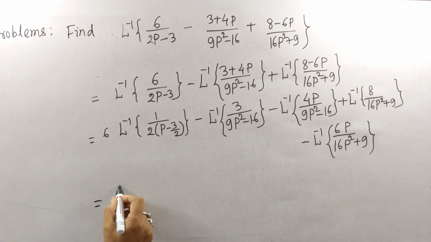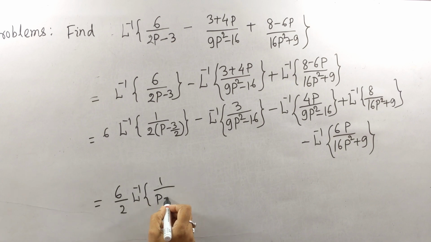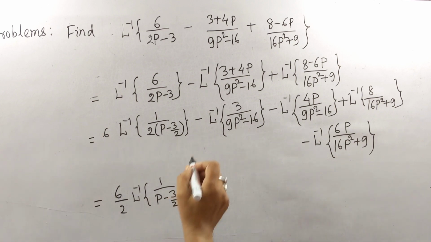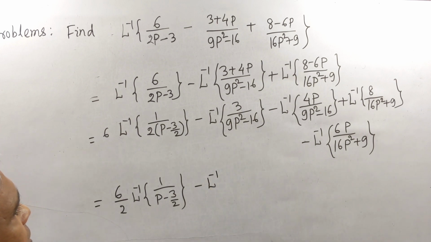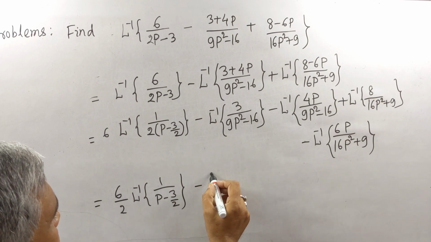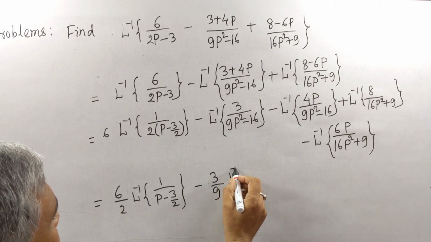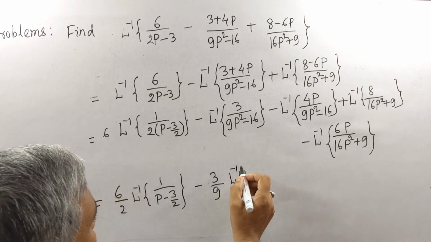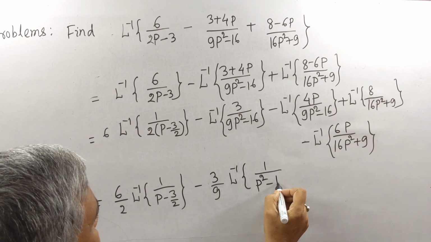Equal to 2 outside, 2 L inverse 1 by p minus 3 by 2. Here we take 3 outside, 3 also 9 at the same time, L inverse 1 by p square minus 16 by 9.